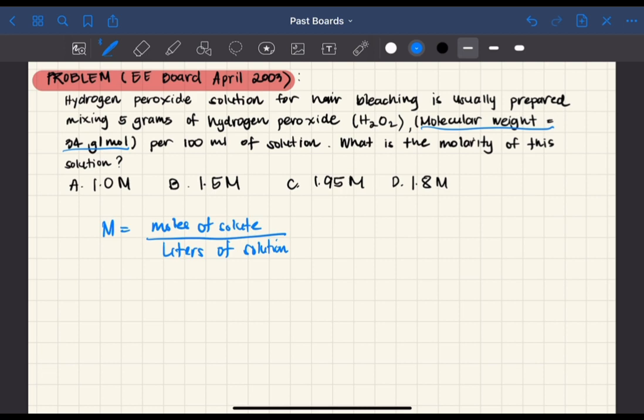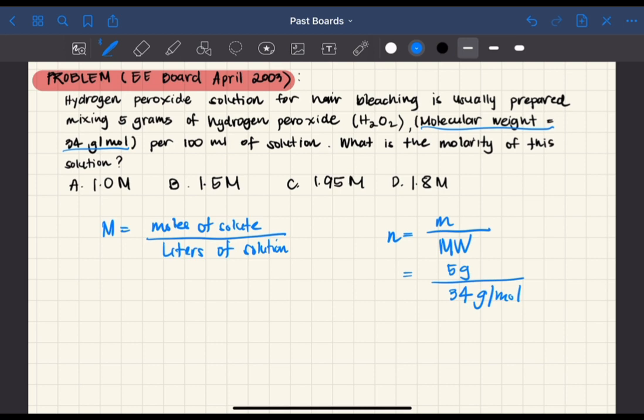then first, let's find the number of moles. So the number of moles, N, is equal to the mass divided by the molecular weight. So the given mass is 5 grams divided by the molecular weight, 34 grams per mole.